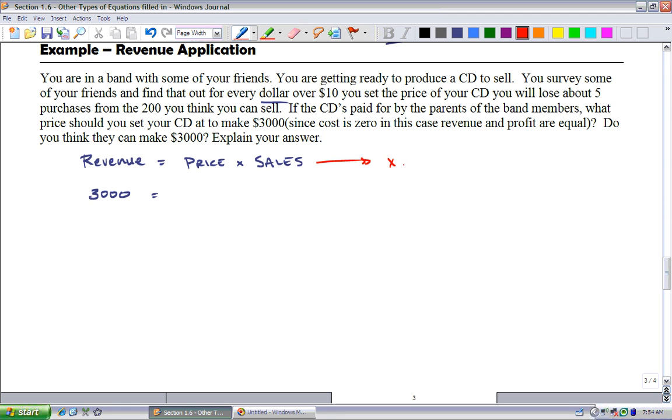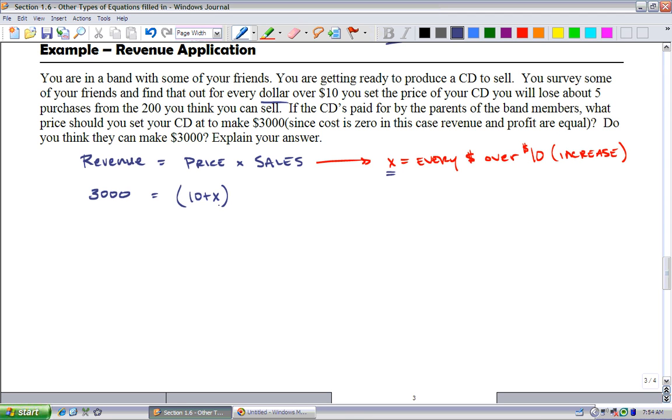So what's key here is, in this problem, x should equal every dollar over $10. So it's our increase from $10. Alright, so if x equals every dollar over $10, our price in this case should be $10 plus x.